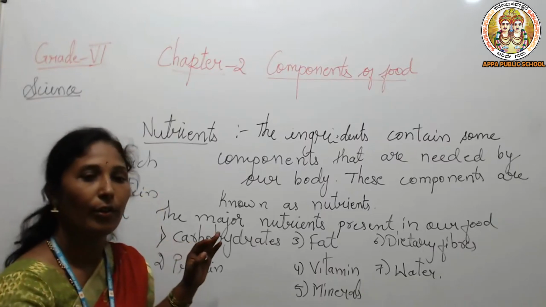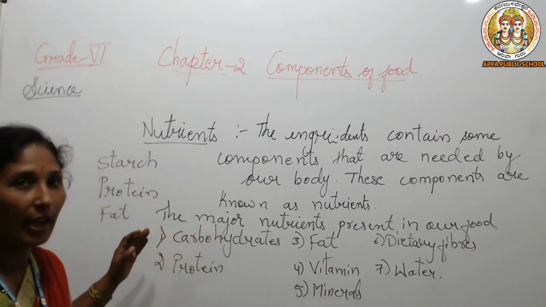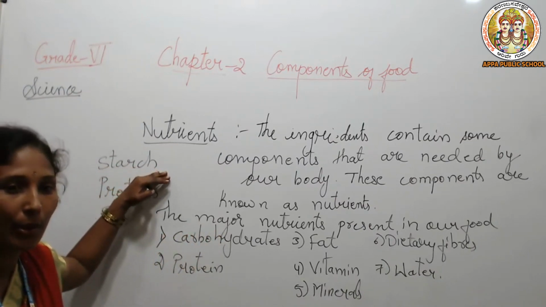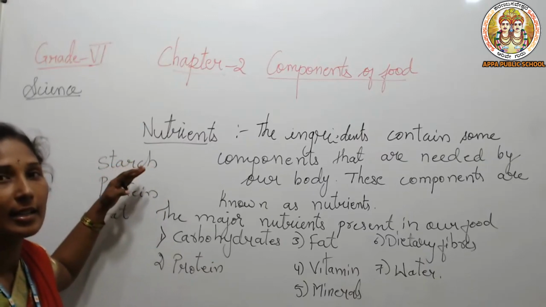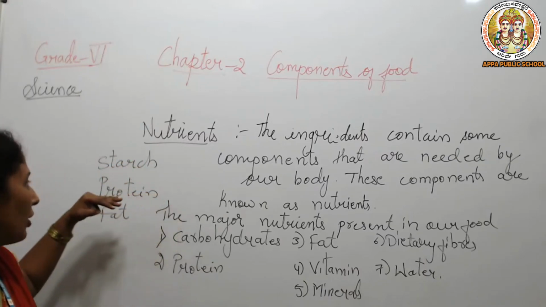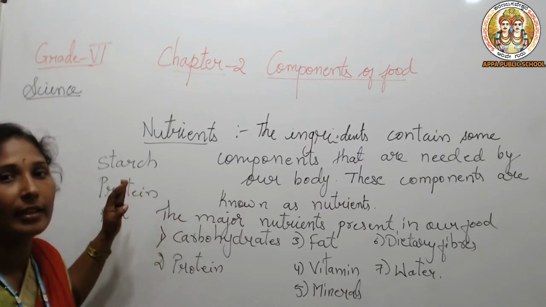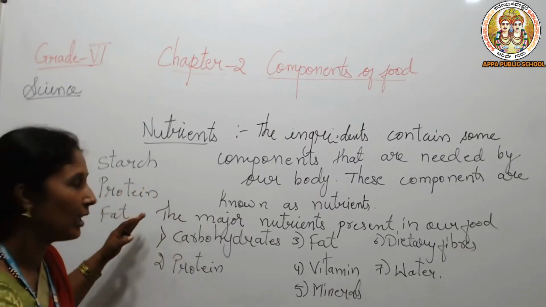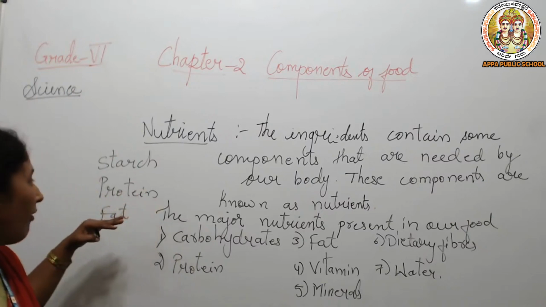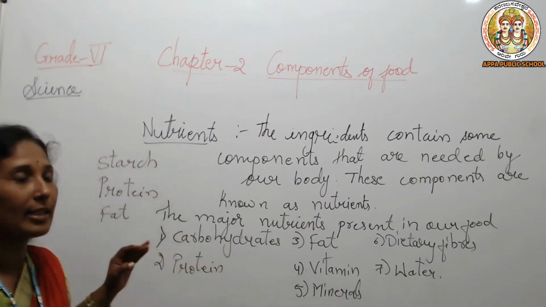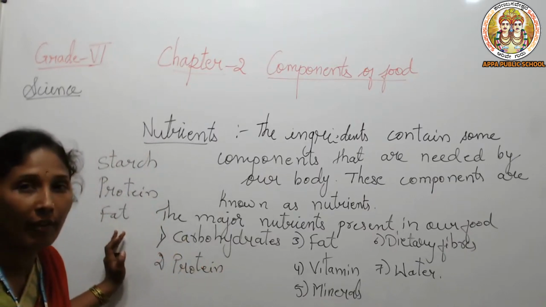When the food color changes to blue or black, it indicates starch is present. When the food color changes to violet, the food contains protein. For fat, on paper we see oily patches, which indicates the food contains fat.